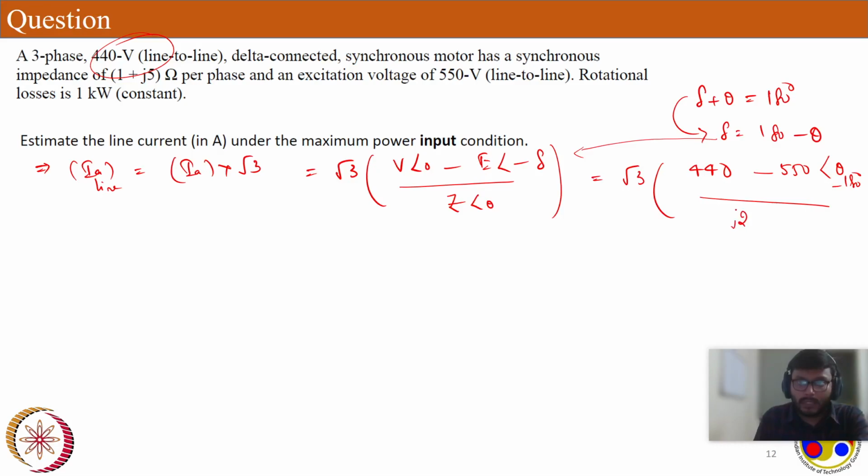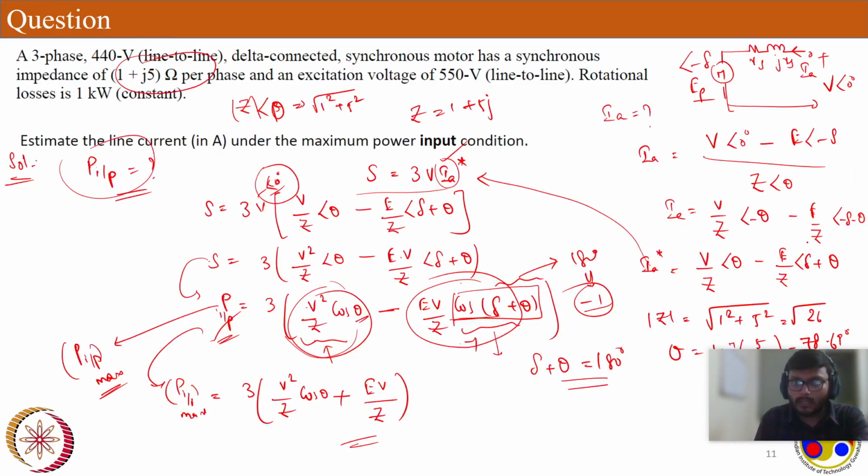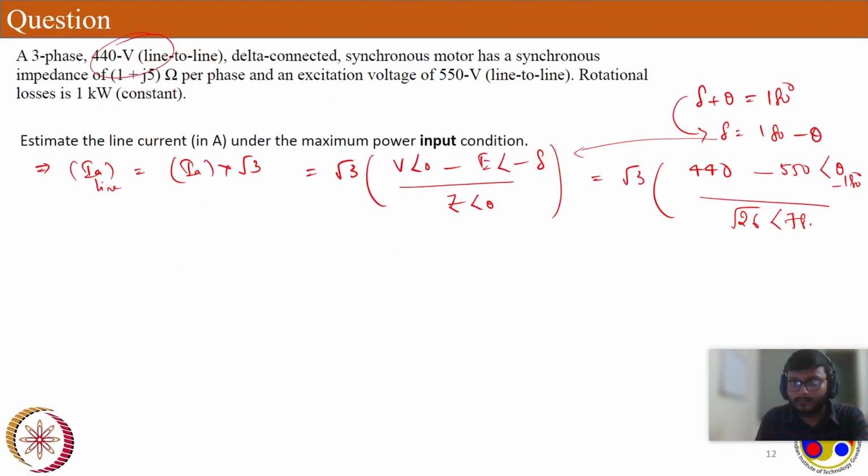So Z will be under root of 26 at an angle of theta, which is 78.69. So theta is also 78.69 here, you can substitute. So someone calculate the line current for me and also tell me. I am also calculating, so please calculate it.